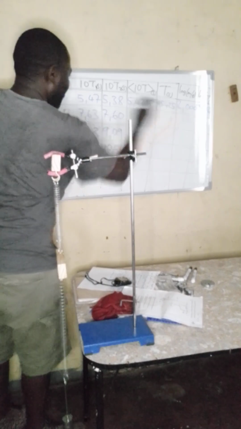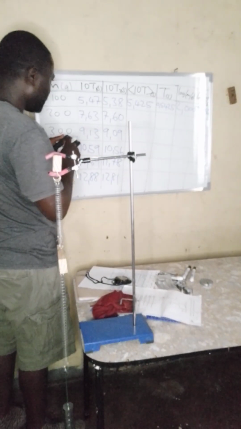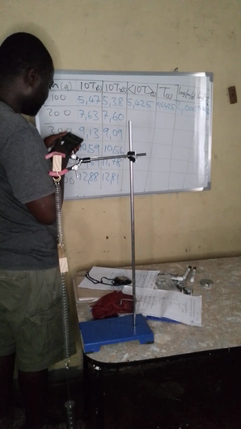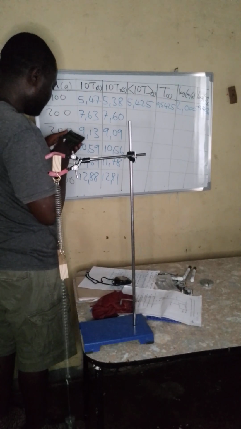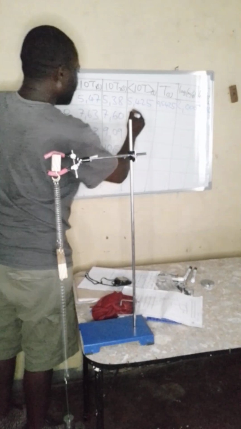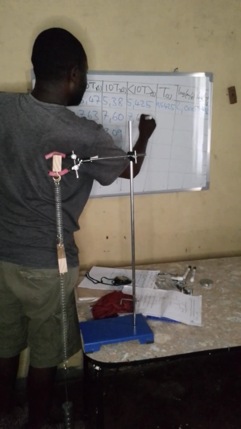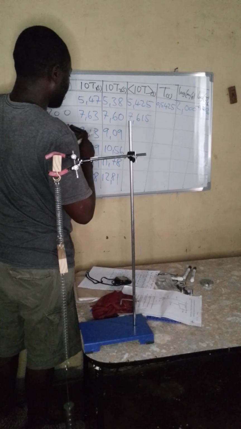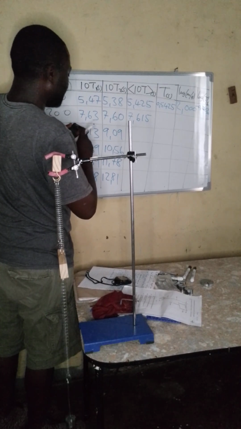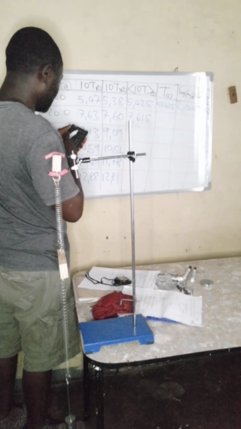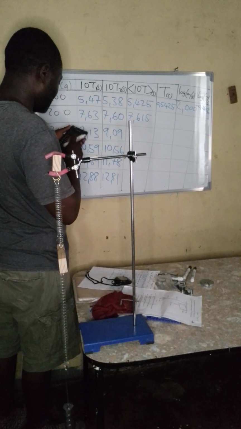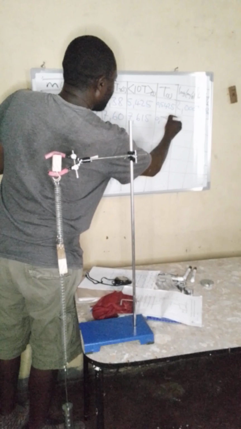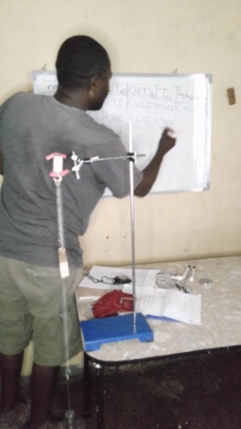Then 7.63 plus 7.60 divided by 2 should get 7.615, right? So 7.615 divided by 10 is 0.7615.